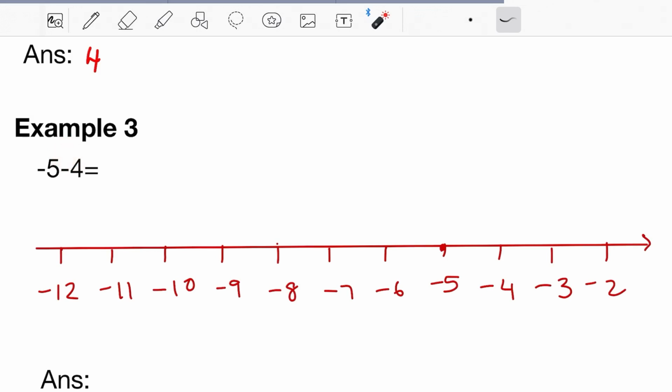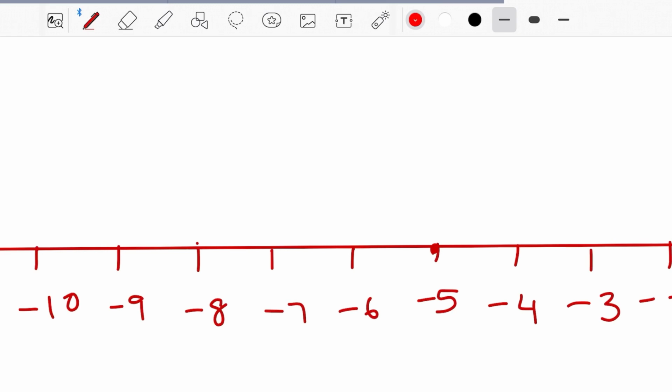That means that we need to move to the left. So we start at -5 and we are going 4 spaces to the left, and we know it's 4 spaces again because this number here tells us the number of spaces that we need to move. So we're starting at -5 once again, going to the left, and we're going 4 spaces to the left.